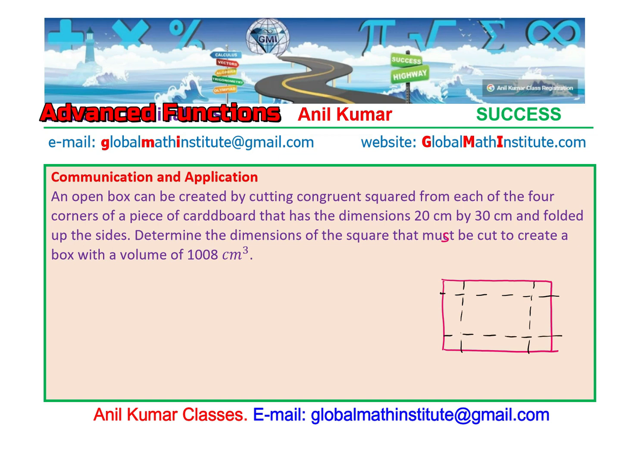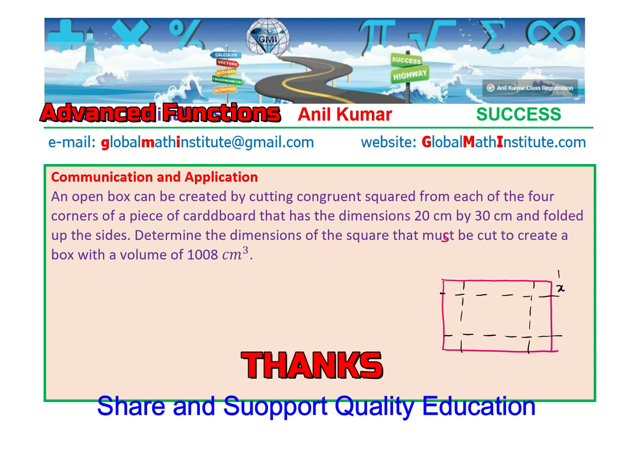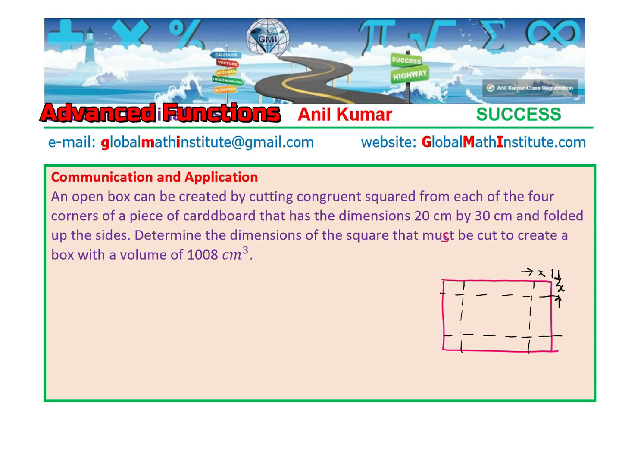Then you get something which can contain the material, so an open box. And we need a volume of 1008 centimeters cubed. Find the value of this x. You get the idea, right? So this is the square which is being removed from the sides and folded up.